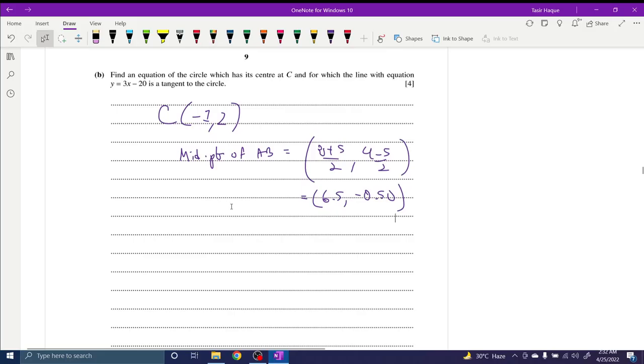Okay, so now we can just find out the radius, right? The length of the radius. So r is actually equal to root of (6.5 plus 1) whole square plus (minus 0.5 minus 2) whole square.